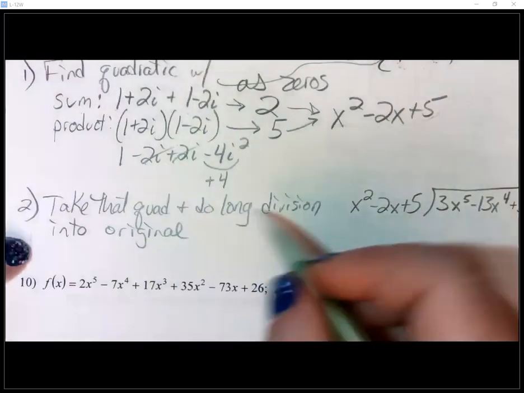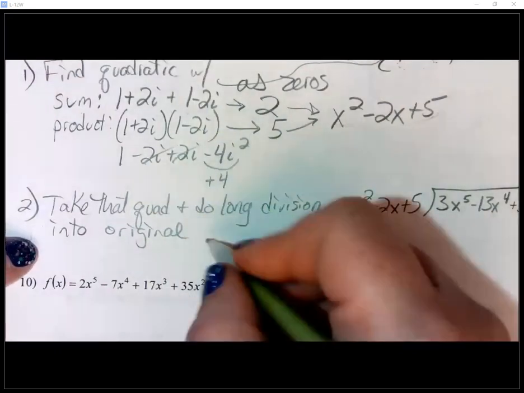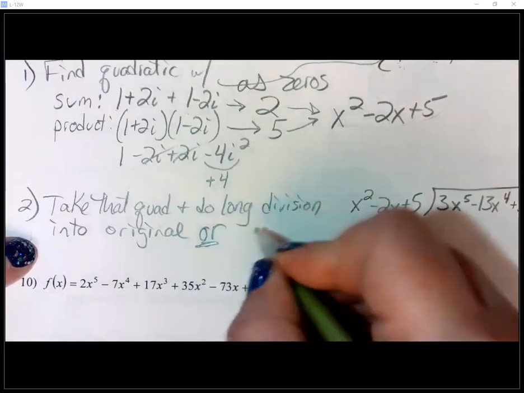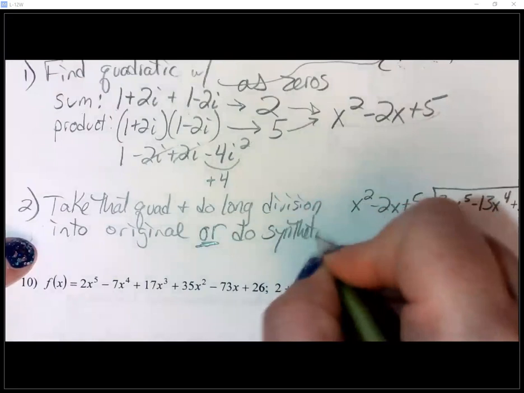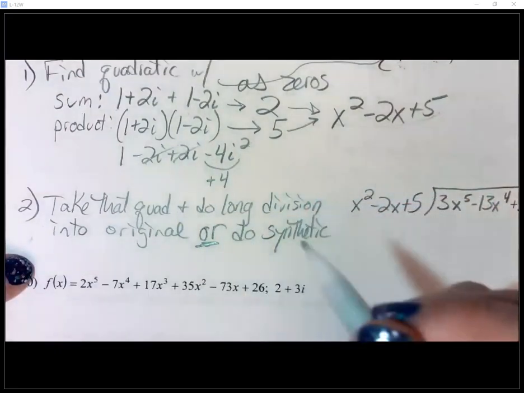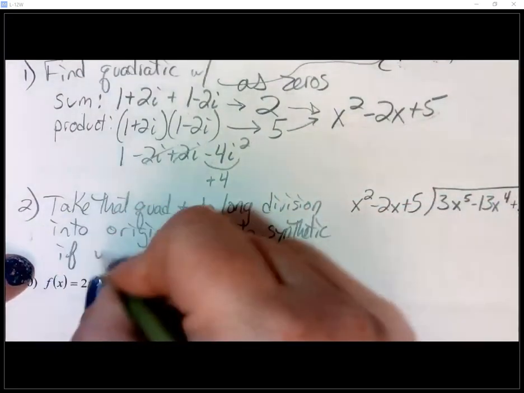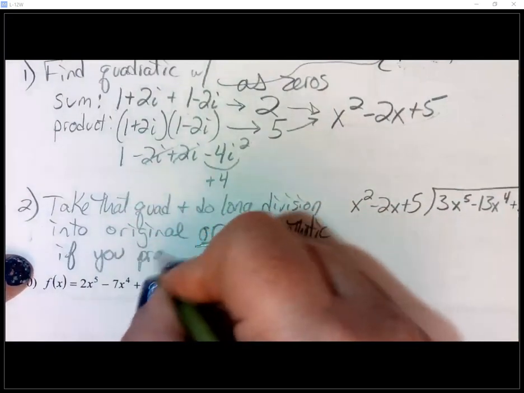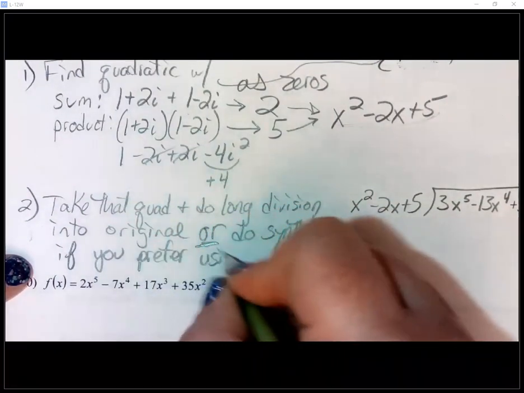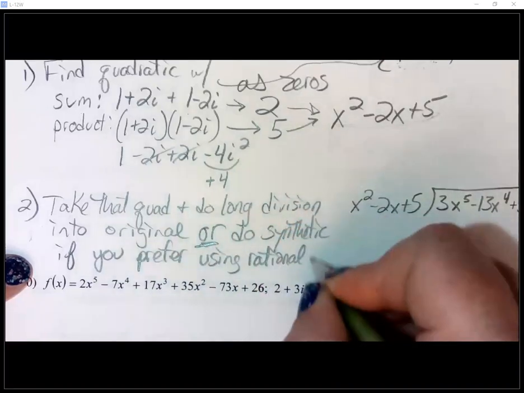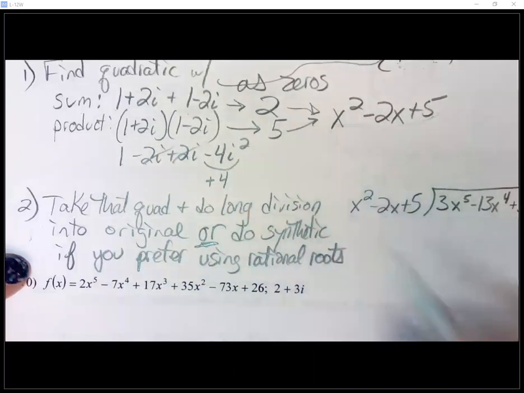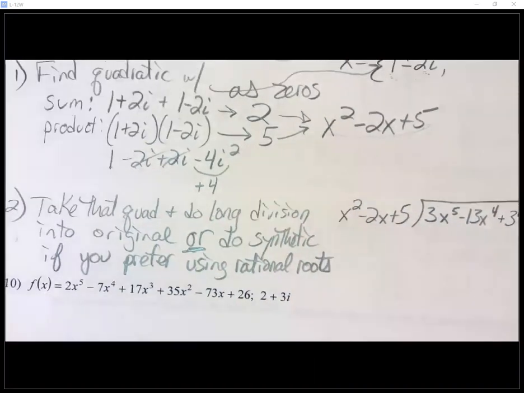Take that quadratic and do long division into original, or do synthetic if you prefer, using rational roots. So, do you prefer synthetic, I assume, instead of doing this crazy long division problem?